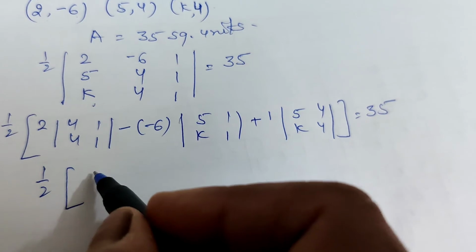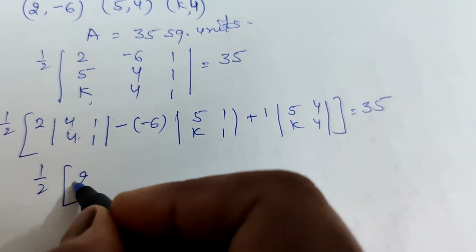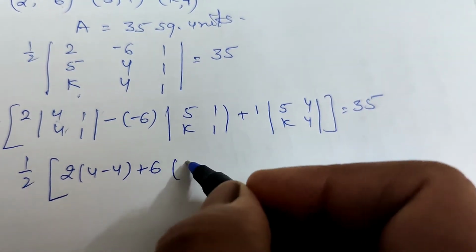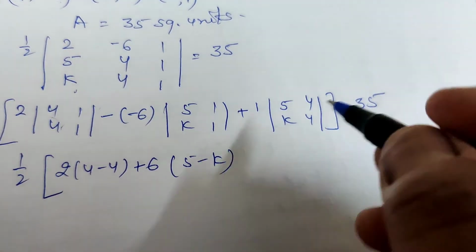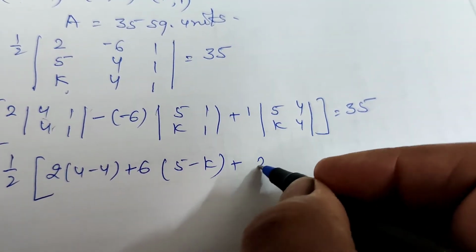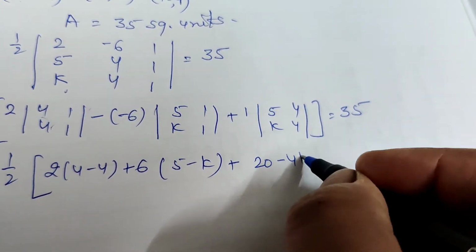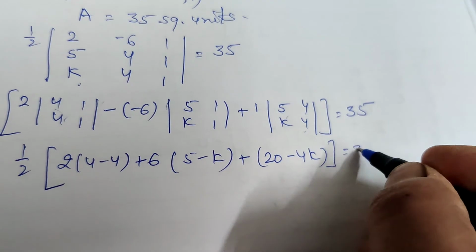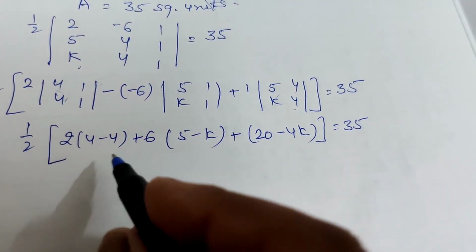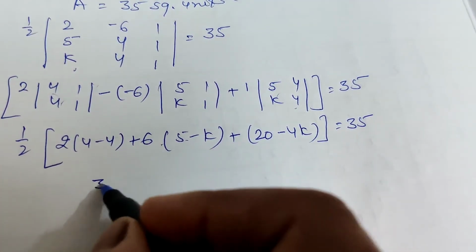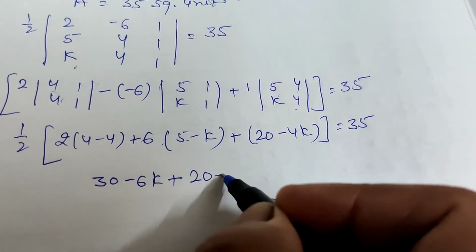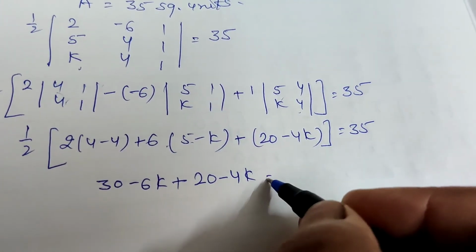This equal to the 0. 4 minus 4, 0, plus 6, 5 minus k, and this 20 minus 4k, cross multiply equal to 35. 6 into 5 is 30 minus 6k plus 20 minus 4k equal to 70.